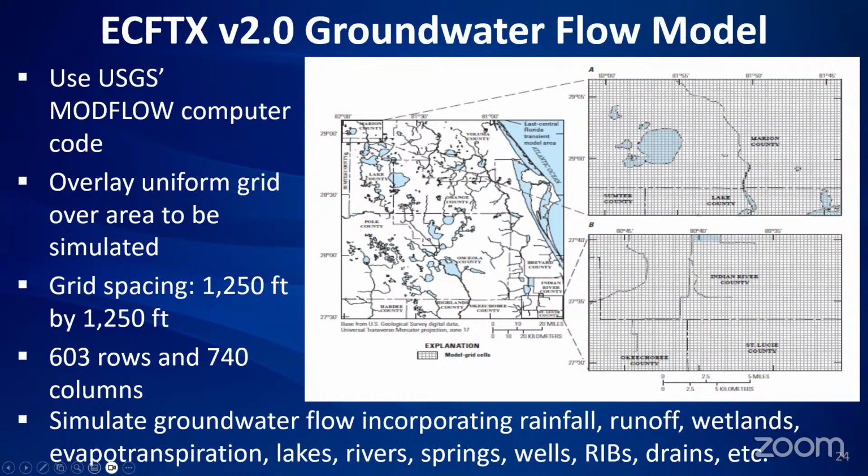And then there are drains that represent features where groundwater is lost to the regional system. So this is an example of how this tool can incorporate all of those hydrologic processes. And again, the model is solving for those on a per cell basis. For every one of those grid cells, the model calculates the impact of those groundwater withdrawals on all of those different components of the system.